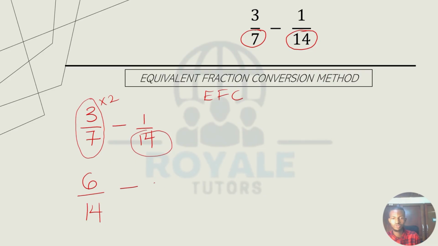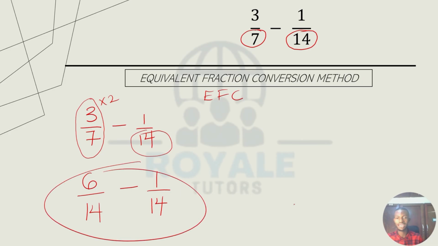So that would be 6 over 14 minus 1 over 14. In this case, you can see they were unlike fractions because they never had the same denominator. But by using our equivalent fraction conversion method, we were able to make them become like fractions. So in this case, we can now deal with this as like fractions.